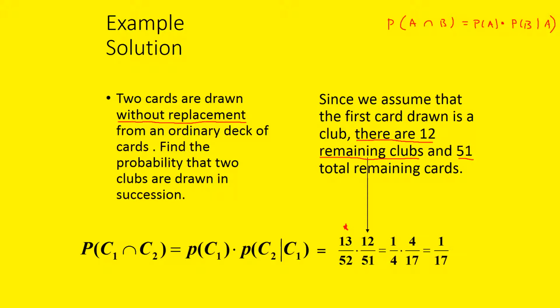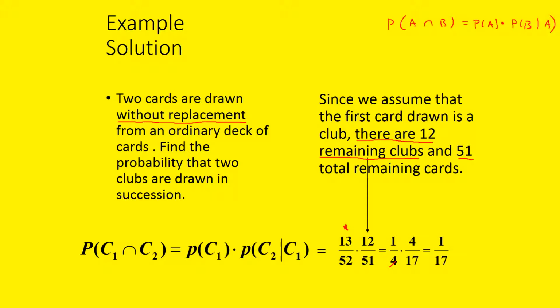And so then we do the arithmetic. As we said, 13/52 is really just 1/4. And 12/51, if we divide top and bottom by 3, we get 4/17.